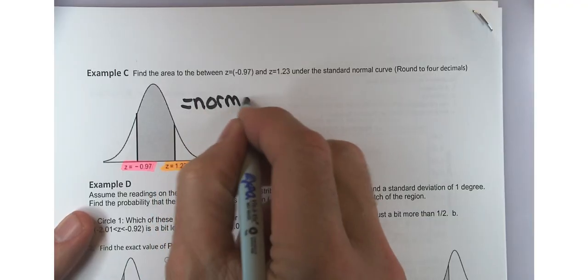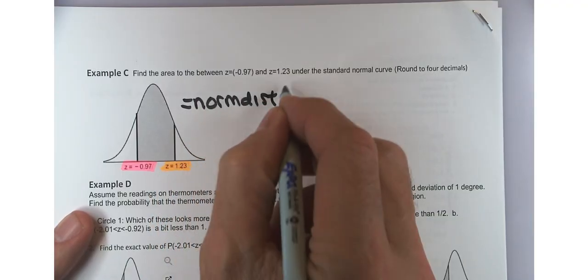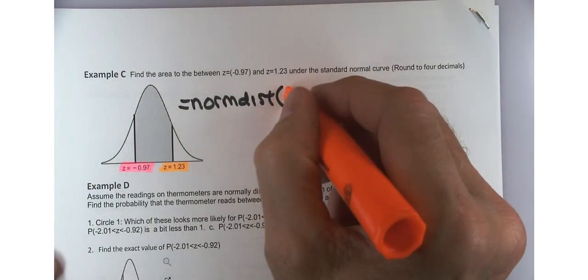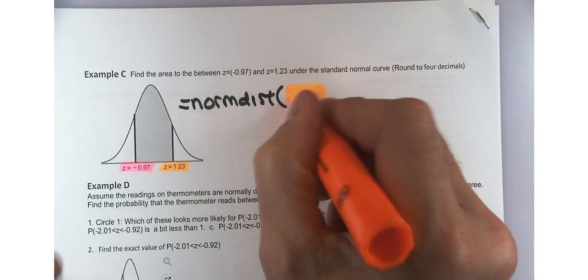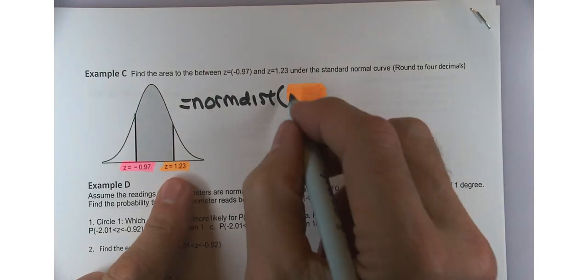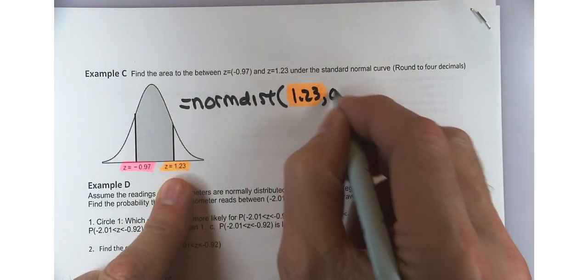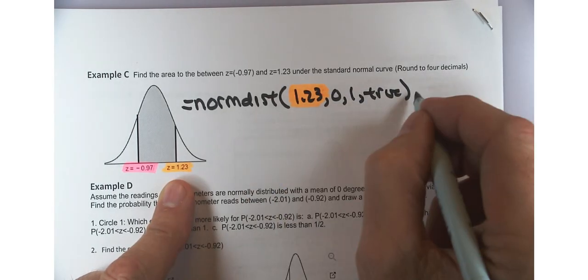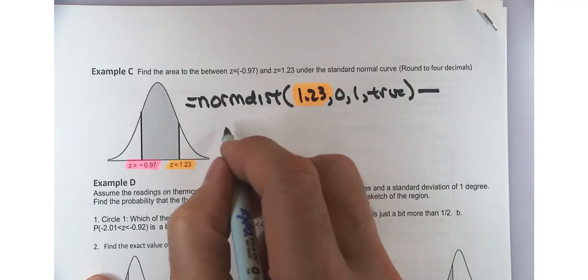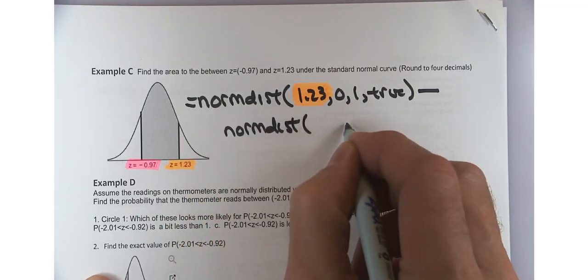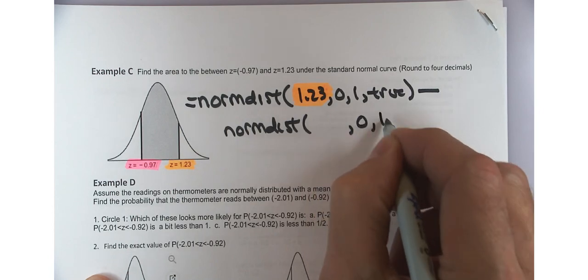norm distribution, and I'm leaving some breadcrumbs here for you to see where things are coming from: 1.23 comma 0 comma 1 comma true, minus norm distribution, comma 0 comma 1 comma true.